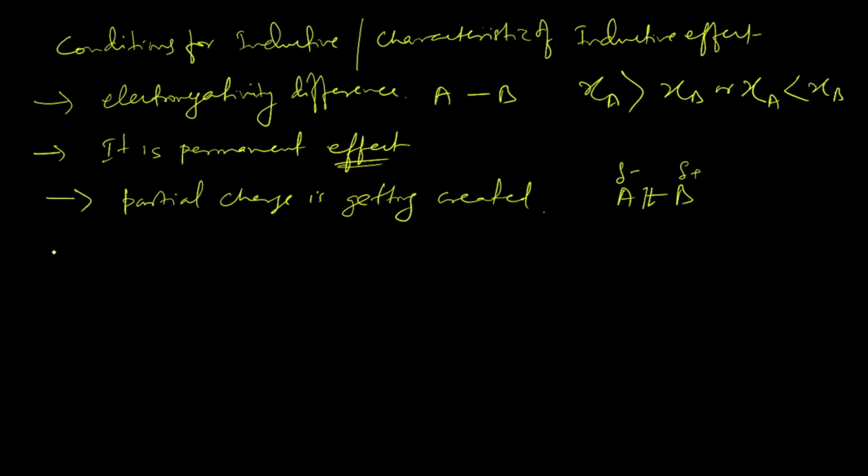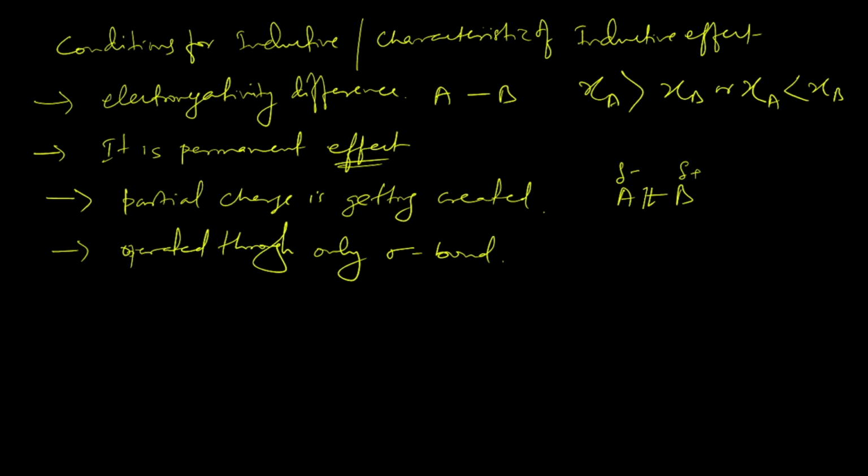Likewise, this will operate only through a sigma bond. There is no requirement for a pi bond. If a sigma bond is there, we can say the inductive effect is working. If a sigma bond is not there, there won't be any inductive effect.